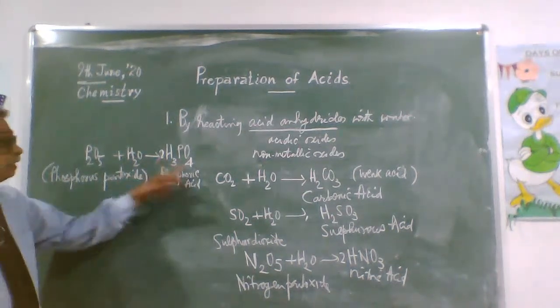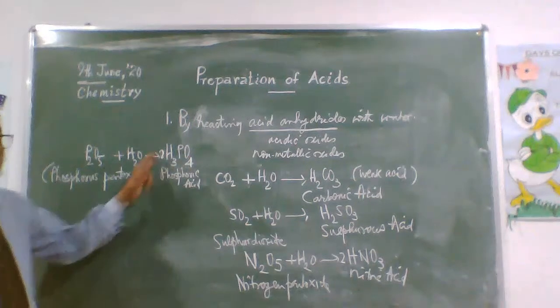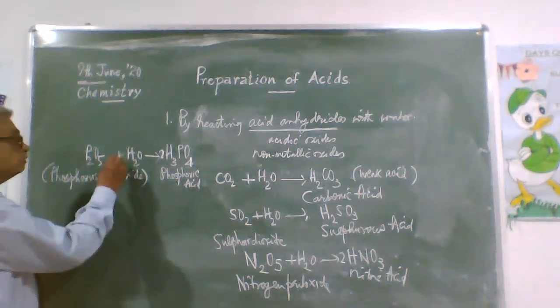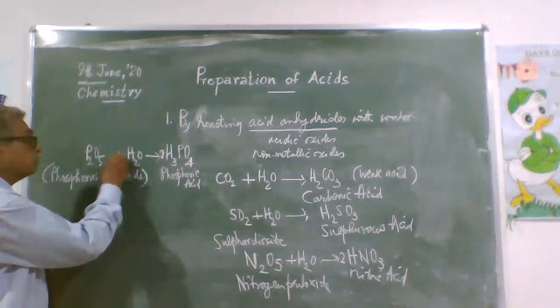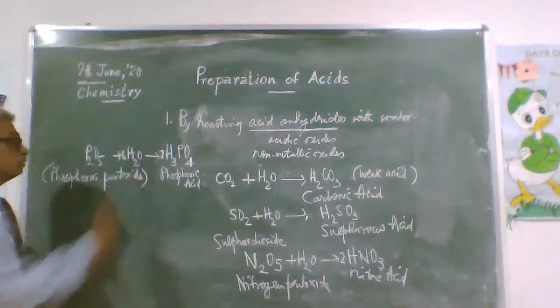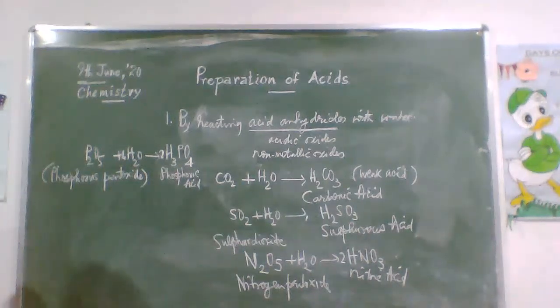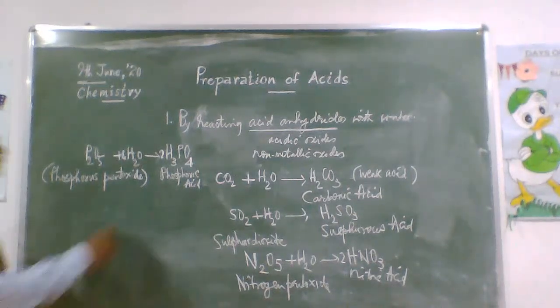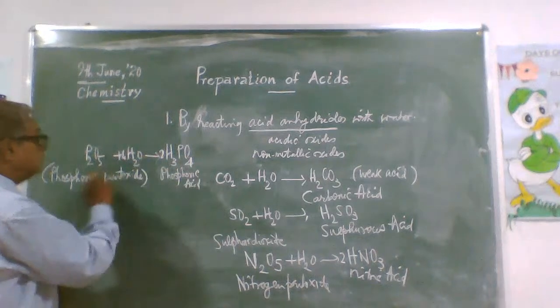There are 8 atoms of oxygen. How do you get 8 atoms? It will be 4 H2O.